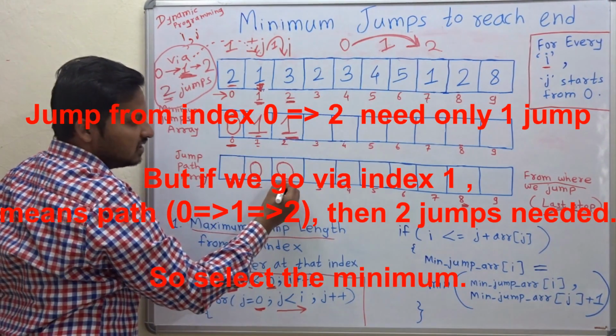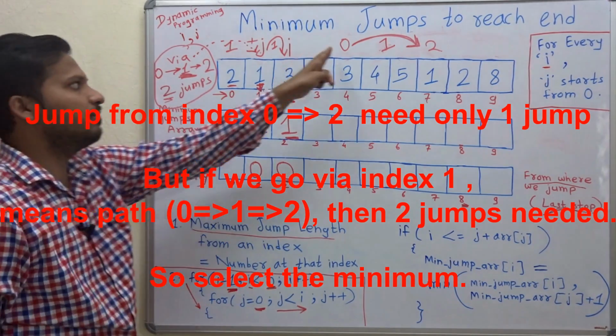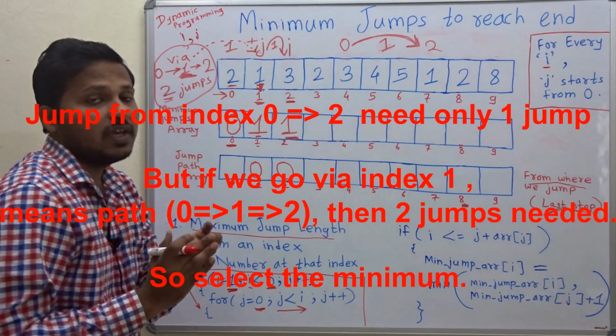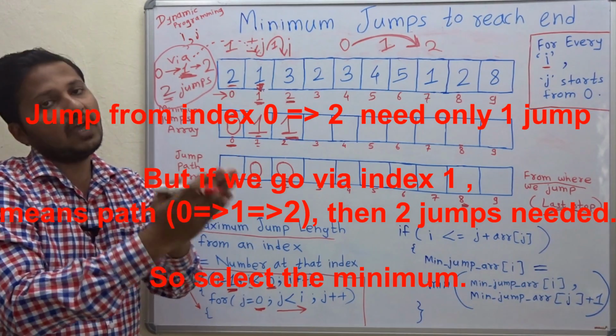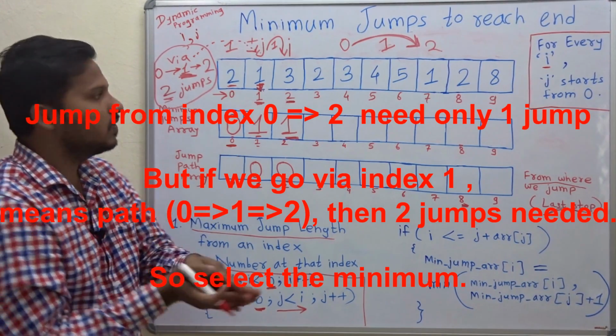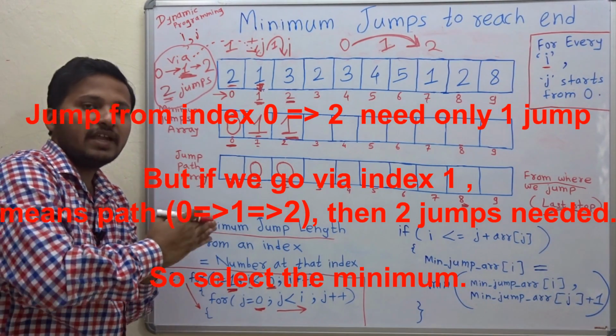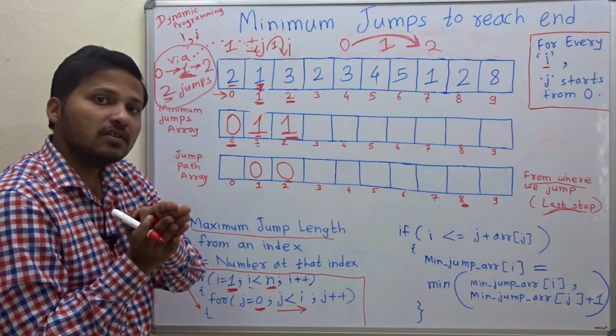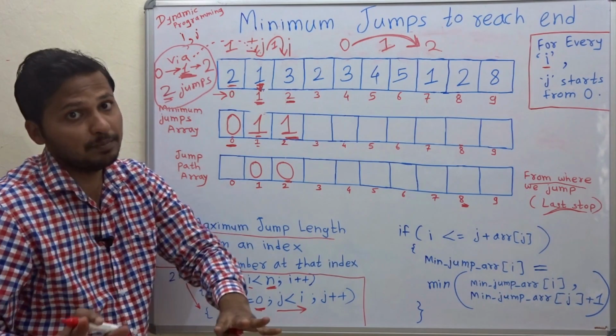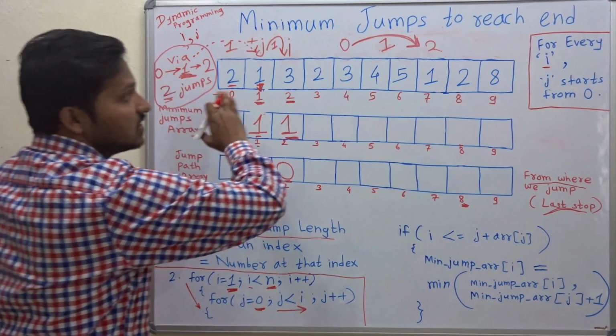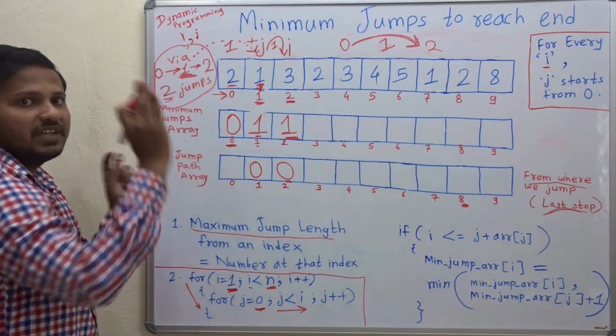So we keep 0 here as it is because we jump from 0. In this way you have to select the minimum value of jumps. We can go via many places, but you have to select the place from where the number of jumps is minimum. As we go further, you will be very clear.